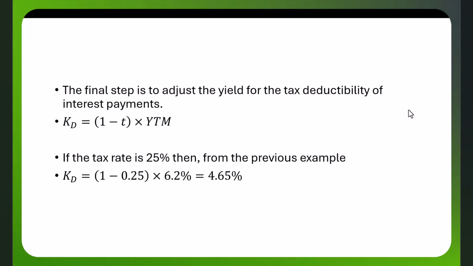So if the tax rate is 25%, Uncle Sam's picking up 25 cents out of every dollar you pay in interest. So take the 6.2%, multiply it by 1 minus 0.25, and we get 4.65%, and that would be the after-tax cost of debt.